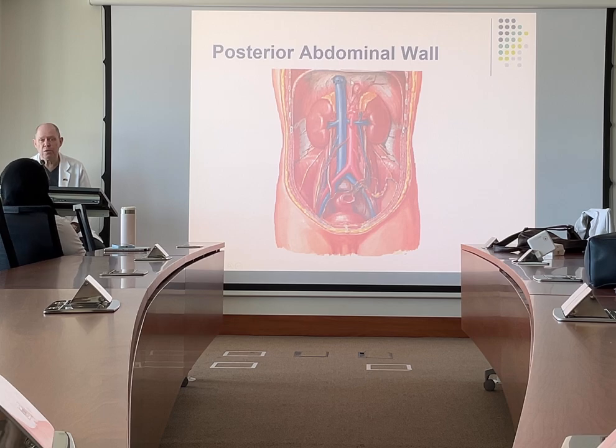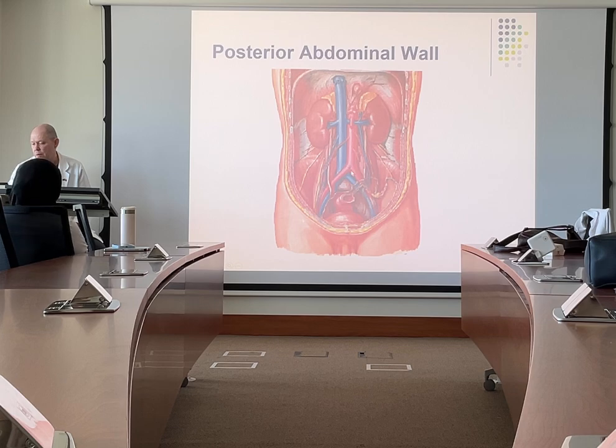Hepatic veins, we talked about them. Now this one. Right, gonadal vein. Very well. This one. Which one? Right ureter. Left ureter. Bifurcation of the abdominal aorta, level of L4, very well.